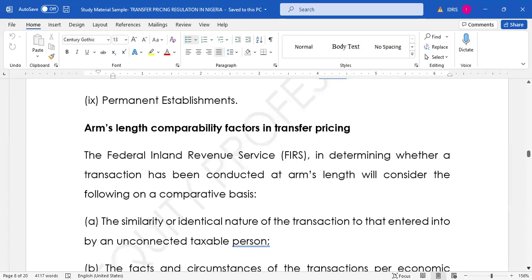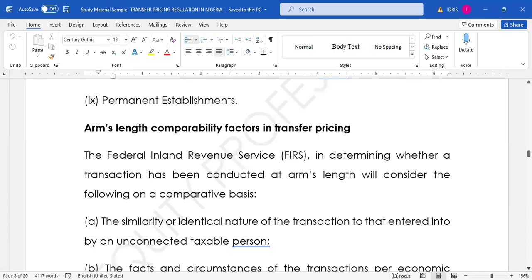What we are saying is A and B are connected. If A sells goods to B, it is part of transfer pricing.